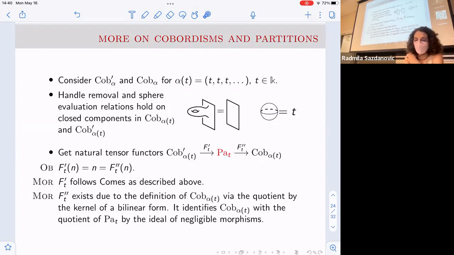And let me remind you that going from Cob alpha prime to Cob alpha is given by quotienting out by the negligible morphisms. So this partition category is just here in the middle. And this functor comes from the Comb observation, and it's essentially in their paper. And again, this is due to the analogy that I hopefully pointed out between quotienting out by the kernel of the bilinear form and the negligible morphisms.